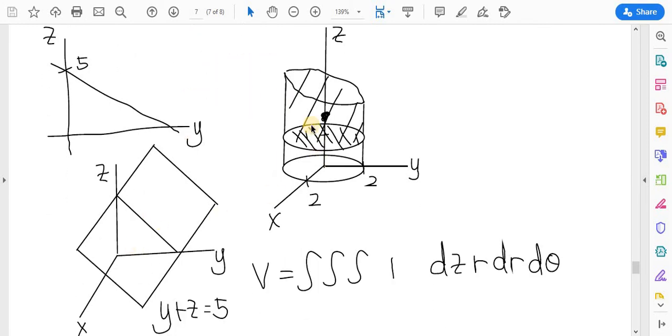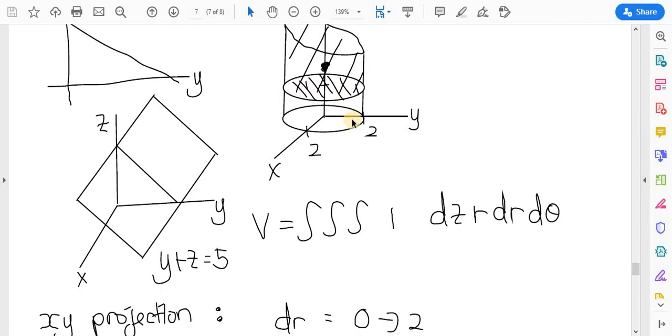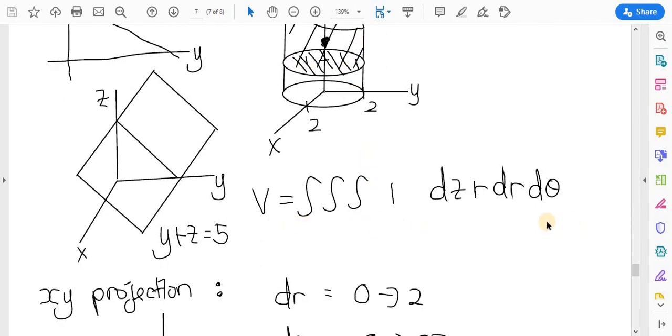If you see what I shaded, this will be the solid that you need to find the volume of. So this is the equation that you need to use when you choose the cylindrical coordinate system.